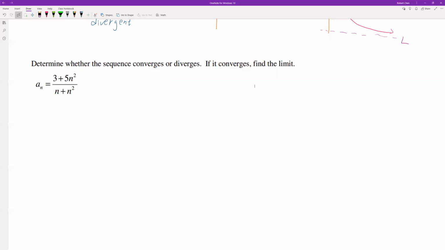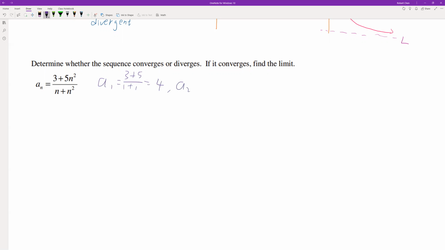All right, let's look at our first example. Determine whether the sequence converges or diverges. If it converges, find the limit. So we have the formula for the sequence, a_n, and let's do a little practice. Let's find the first 3 elements in the sequence. So a1 will be 3 plus 5 over 1 plus 1, which is 4.